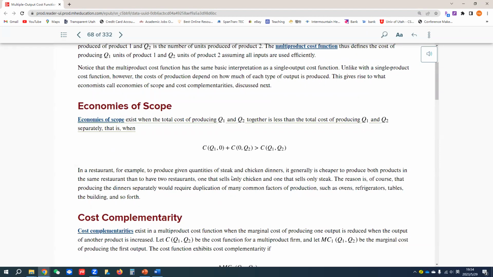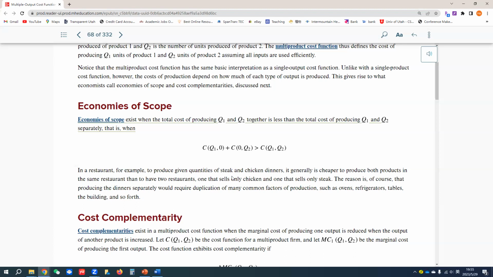Generally it's cheaper to produce both products in the same restaurant than to have two separate restaurants, one selling only chicken and one selling only steak. The reason is that producing the dinners separately would require duplication of many common factors of production, including ovens, refrigerators, tables, a building, and even, I would say, waiters.